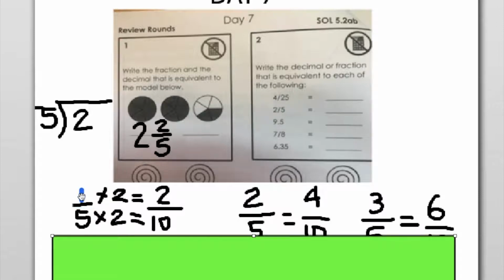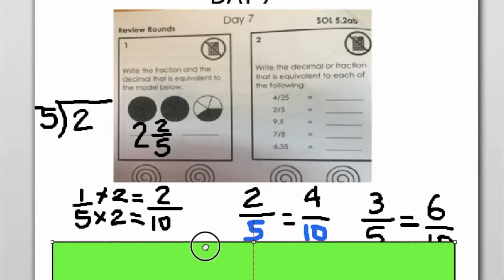Another fraction. Well, we know if we multiply the top and the bottom by 2, we get 2/10. So 1/5 is the exact same amount as 2/10. So if 1/5 equals 2/10, we know that 2 fifths equal 4/10.